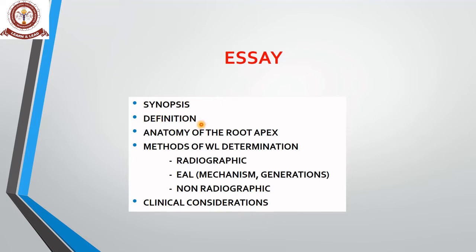Whatever may be the question which is asked regarding the working length, definition is a must, and anatomy of the root apex should be written with the diagram. Okay, the diagram should be drawn, and for anatomy of the root apex, like what is major diameter, what is minor diameter, what is apical foramen, and what is radiographic apex, anatomic apex, everything will be represented in the diagram.